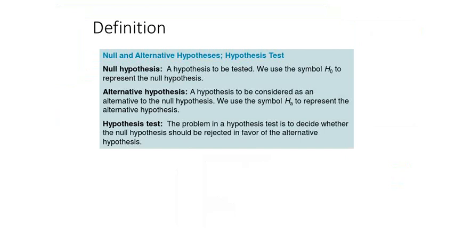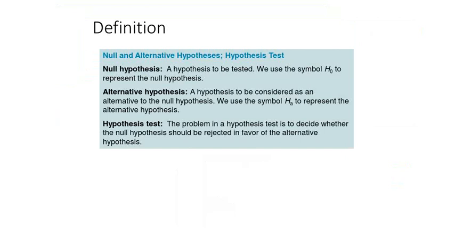That is, if we make a claim, then what is the alternative to our claim? A hypothesis to be considered as an alternative to the null hypothesis, we use the symbol H subscript A to represent that alternate hypothesis. The problem in a hypothesis test is to decide whether or not the null hypothesis should be rejected in favor of an alternative hypothesis.